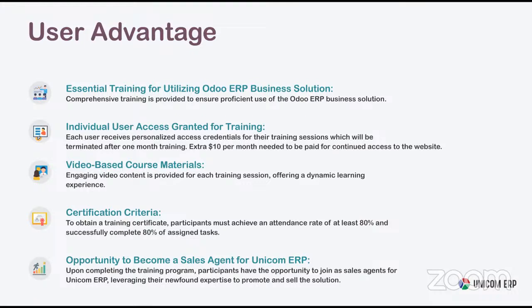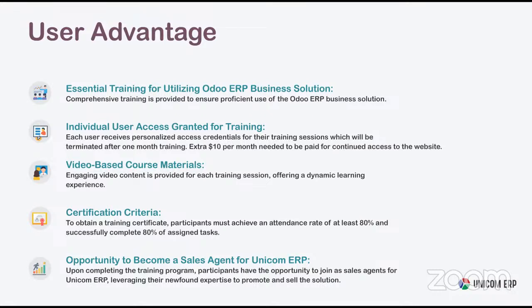Next is individual user access granted for training. As I said earlier, all of you would have already received your credentials for the Odoo website and portal through mail. Both the credentials for the portal and Odoo website for training purposes will be the same.